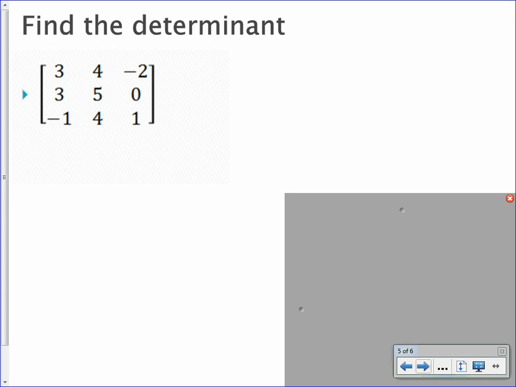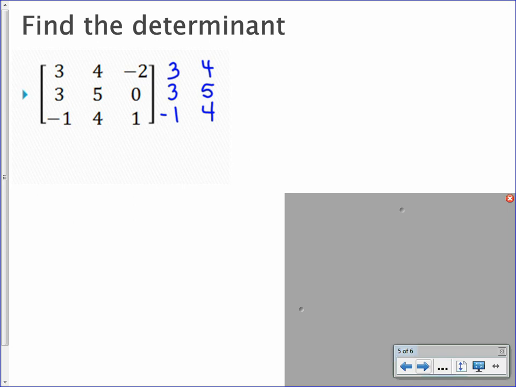What's our first step? Okay, so copy down everything but the last column. So 3, 3, negative 1, 4, 5, 4.